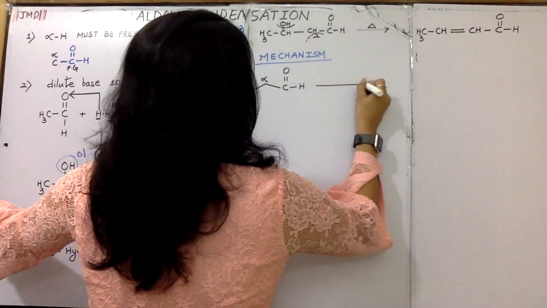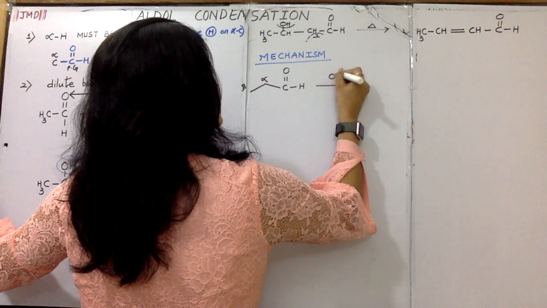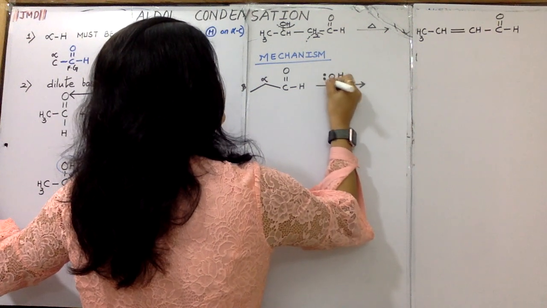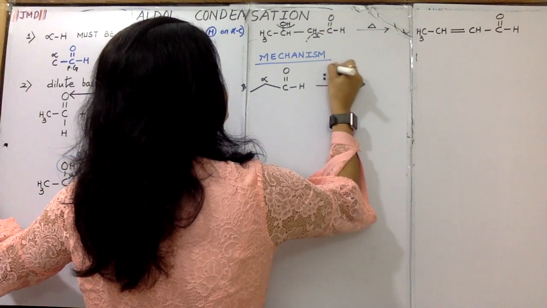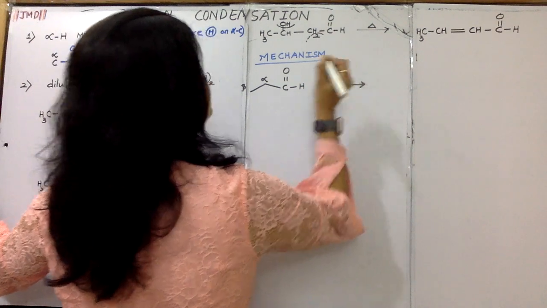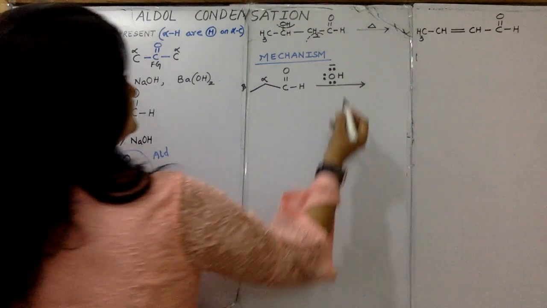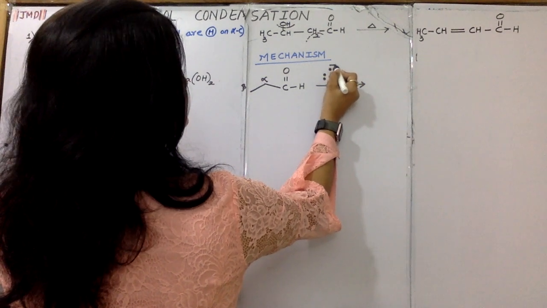Now we know the reaction takes place with dilute base, and the dilute base is actually giving us the nucleophile, that is OH minus. These two electrons are in this negative charge.